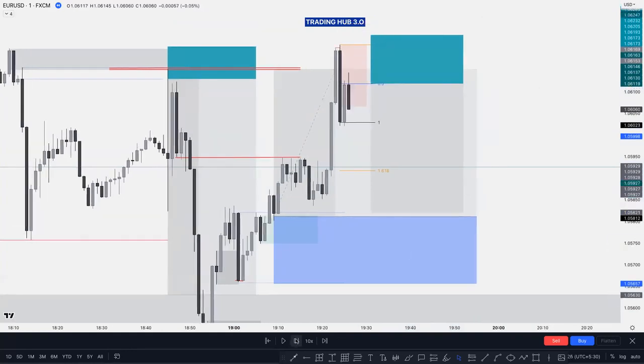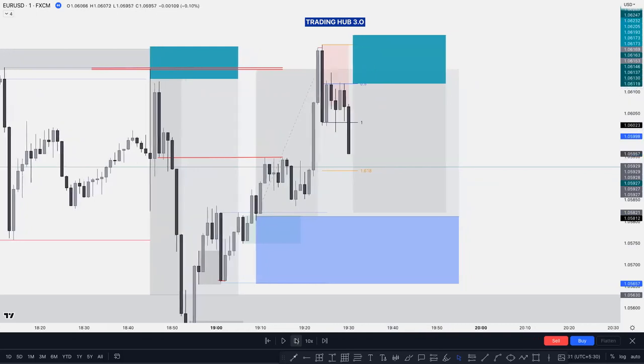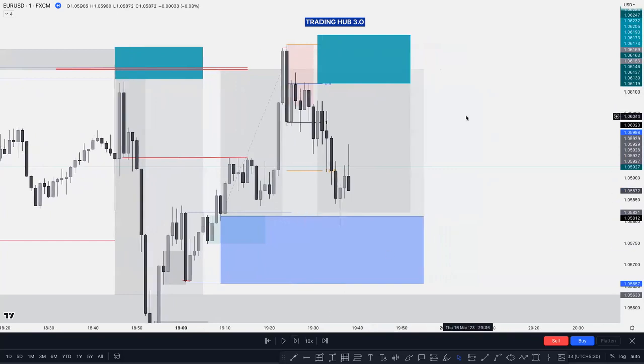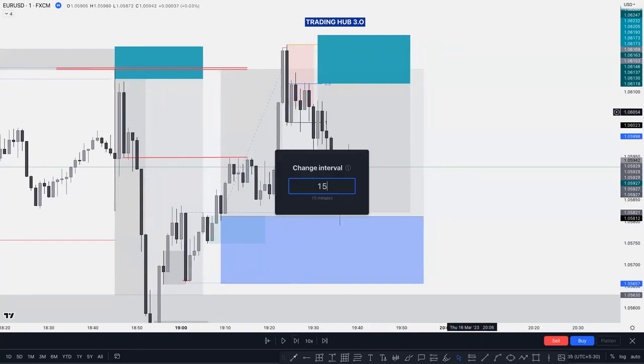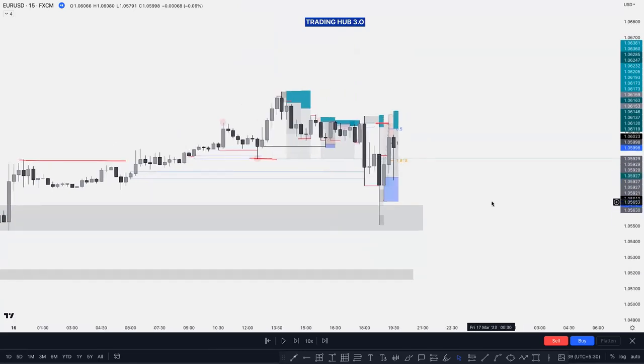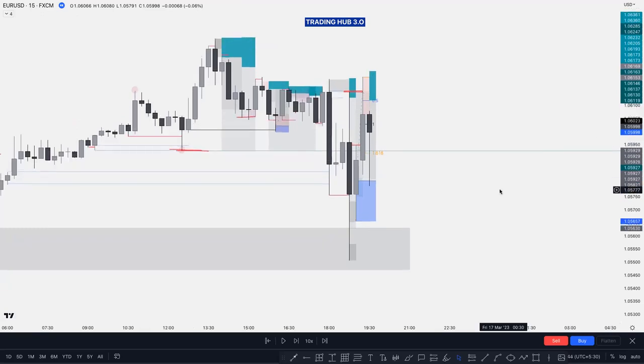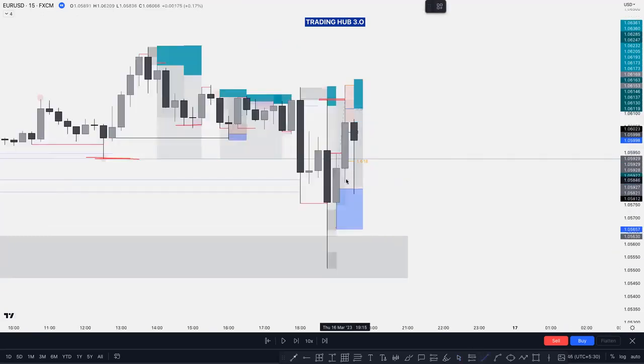So let's see what happened next here. Okay, perfect. Okay, now again switch here to the 15-minute time frame. The previous candle low is swept here.